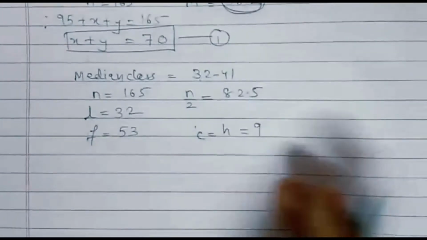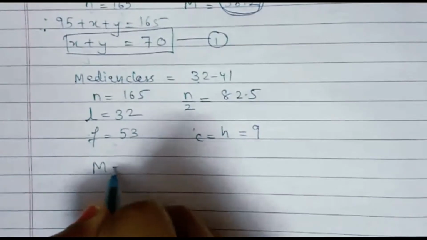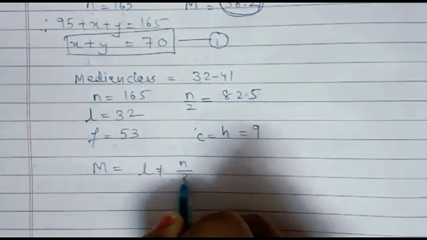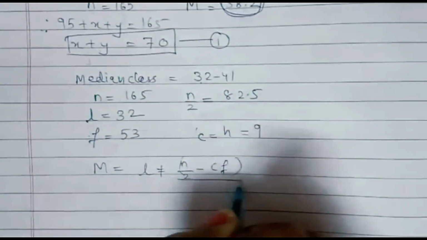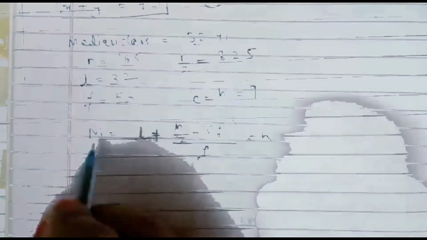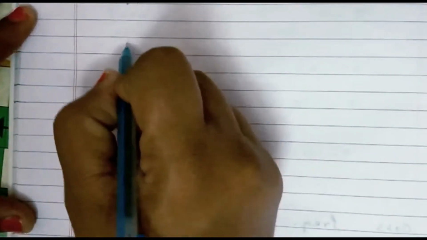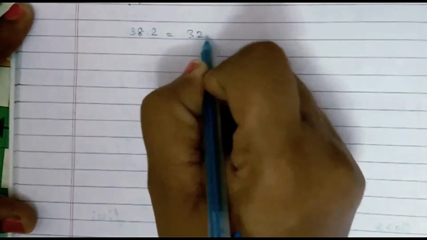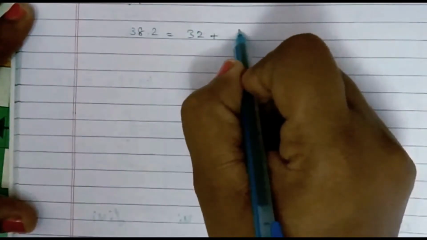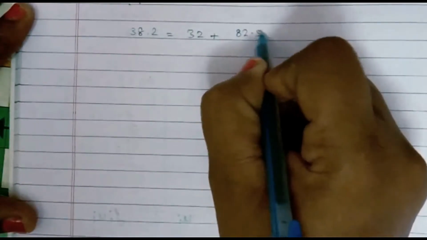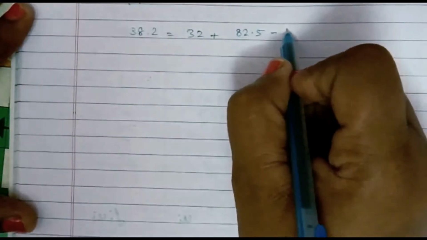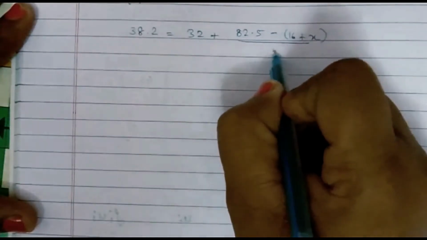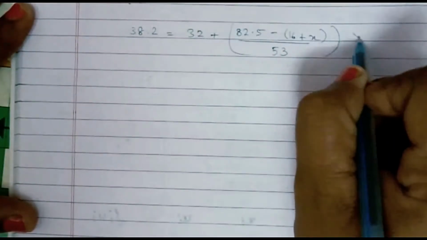Now we have all the data. Let us put it into the formula. M is equal to L plus (n upon 2 minus CF) whole by f into h. Putting the values we get 38.2 is equal to 32 plus (82.5, that is the value of n upon 2, minus CF, the cumulative frequency which was 16 plus x) whole divided by the frequency which is 53 into 9.